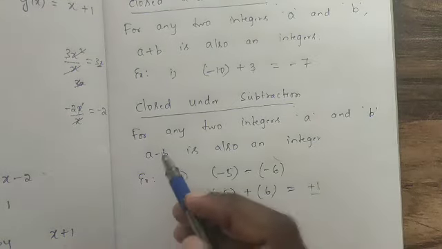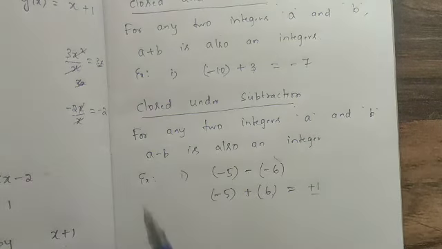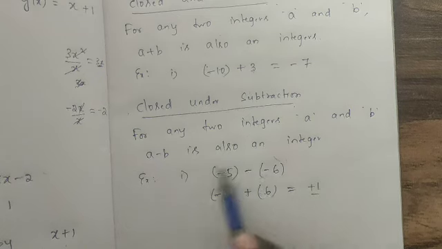Whereas integers are closed under subtraction, because you take any two integers, subtract it, the answer must be an integer, therefore it is closed under subtraction. So similarly, you can check it out for the whole number system, as I've checked for natural numbers. Even it is not applicable for whole numbers also. It is applicable for only integers.